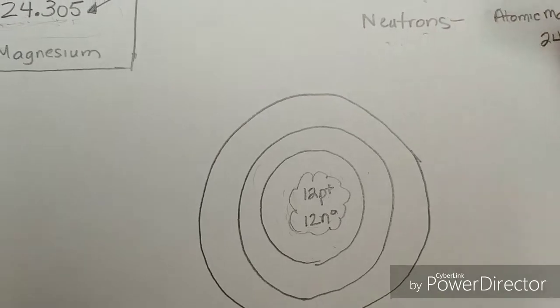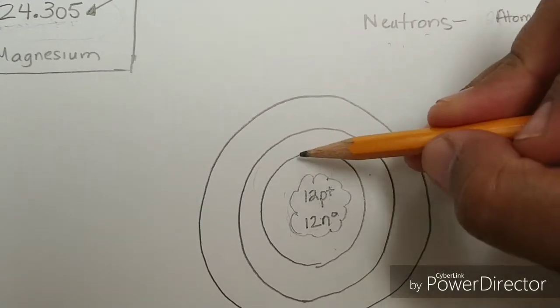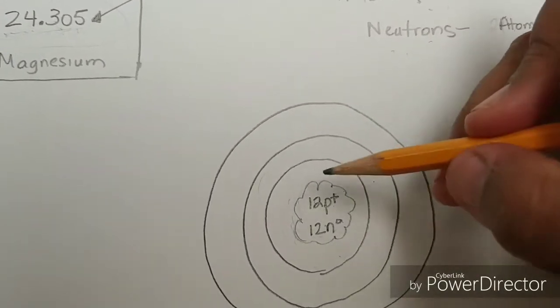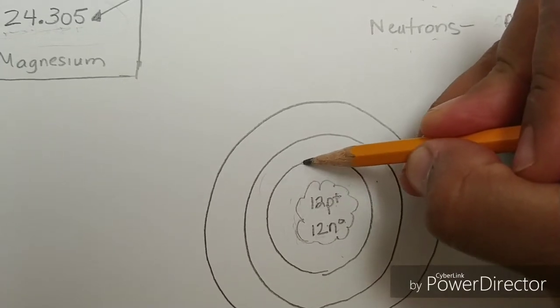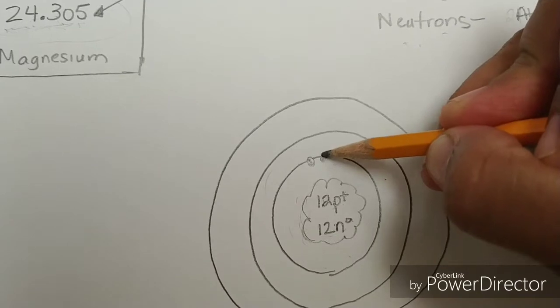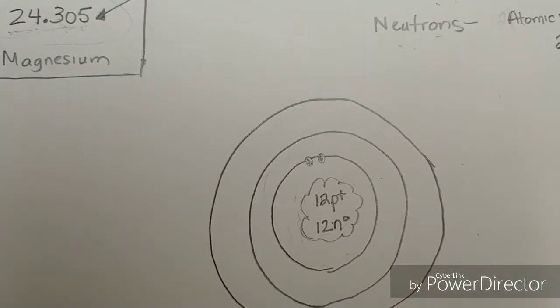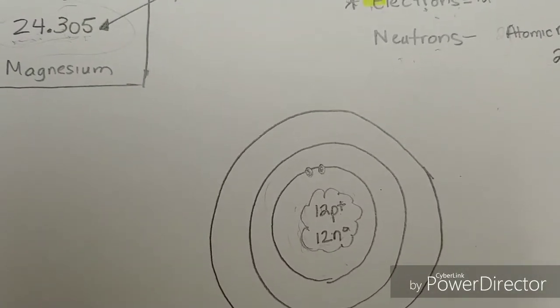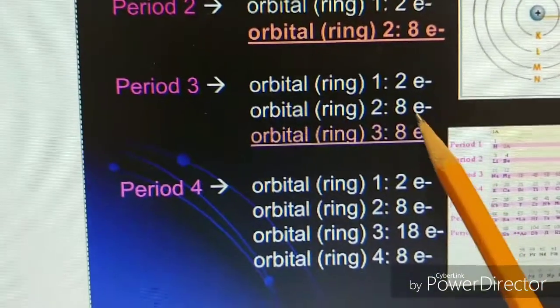So here we go. We're going to draw the ones in the inner circle. It's got 2 electrons, and we're going to draw them in pairs, because for the most part they travel in pairs. That's going to be your first 2 from ring 1, just like we see here.